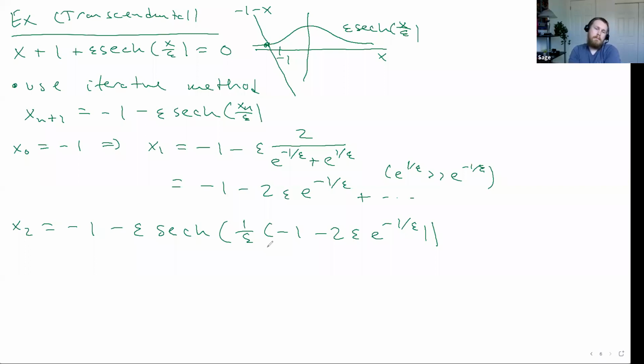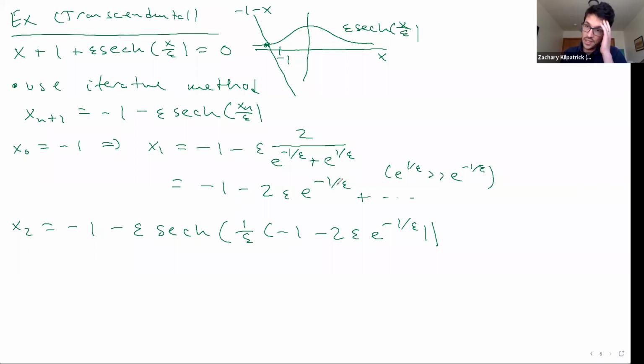When I first saw this, I expected us to Taylor expand hyperbolic secant. Is there a reason that we would expect that not to work, or are you just trying to demonstrate? Yeah. So again, it's this issue of this term that we get here. How do you even expand this? What do you expand it around? e to the -1 over epsilon is not going to have an easy power series expansion.